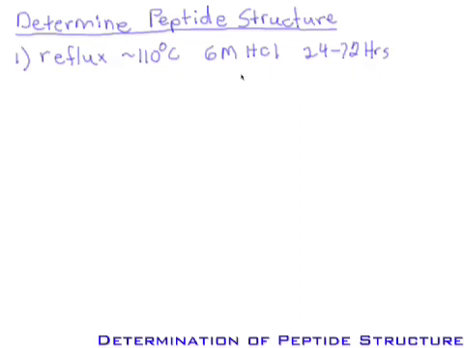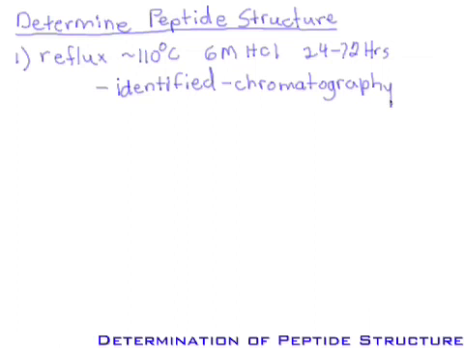And then the amino acids can be identified by column chromatography. You can use some kind of chromatography. With thin layer chromatography, there are different types that could be used.